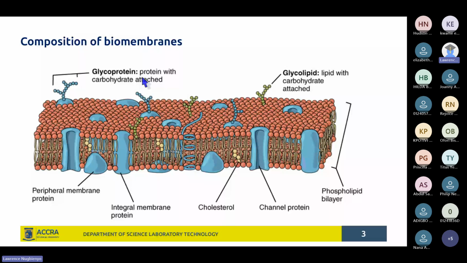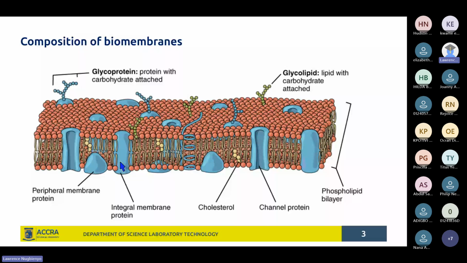And you take a look at, you have some kinds of proteins here. You have a peripheral membrane protein, and you have an integral membrane protein. We'll come to look at these types of proteins even much more in detail. But you can quickly notice that an integral membrane protein or transmembrane protein is embedded across the phospholipid bilayer, but the peripheral protein is only at one side of it.